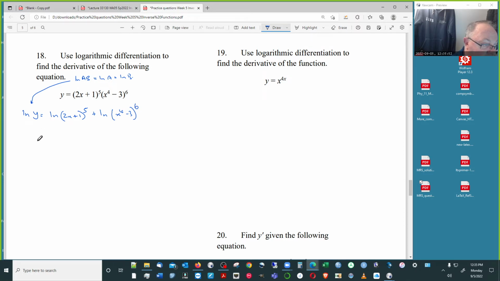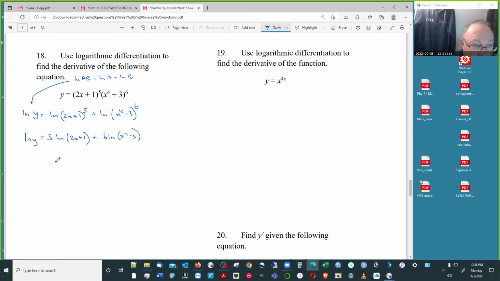Okay? The other thing we can do is take the 5 down, and the 6. So far so good. I think you're ready to differentiate. Now what's the problem here?